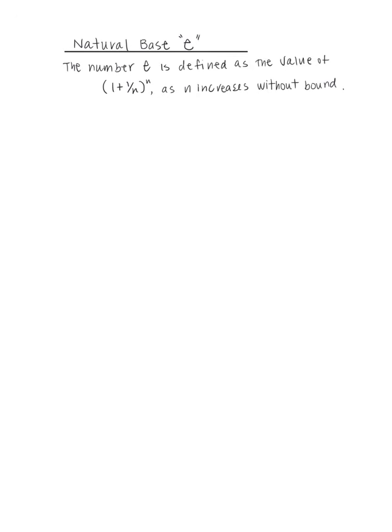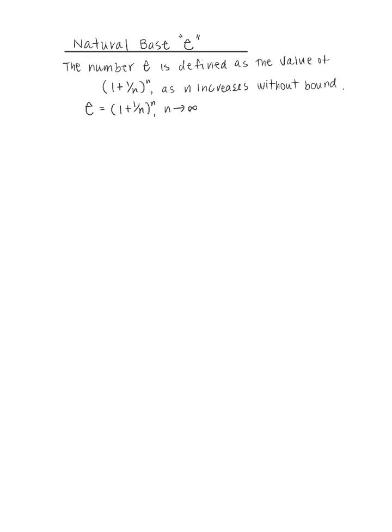All right, now let's talk about the natural base e. We're going to see this e quite a bit in math class from this point on. So the natural base e is defined as the value of the quantity 1 plus 1 over n, whole thing raised to the nth power, as n increases without bound. Which means that e equals 1 plus 1 over n to the n as n goes to infinity.